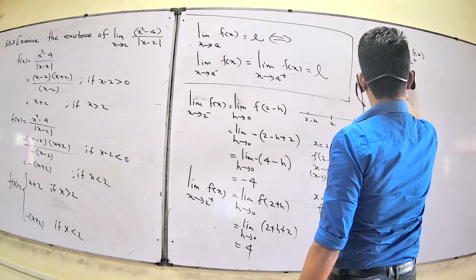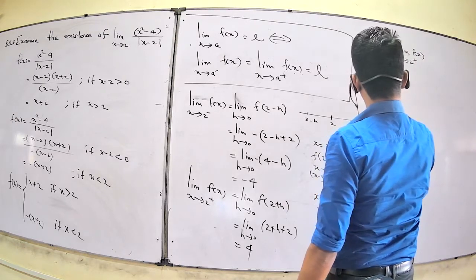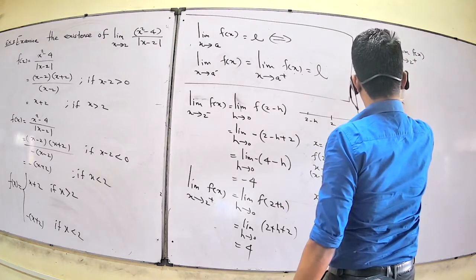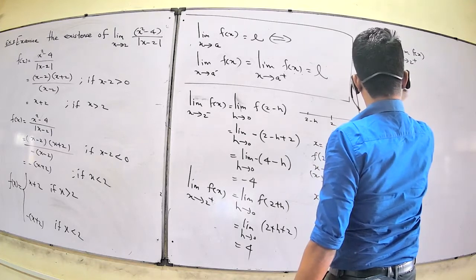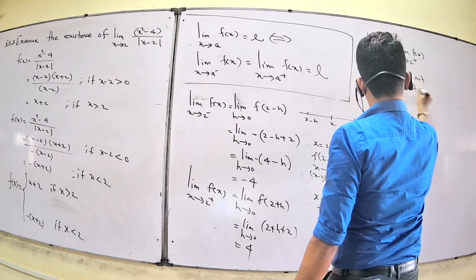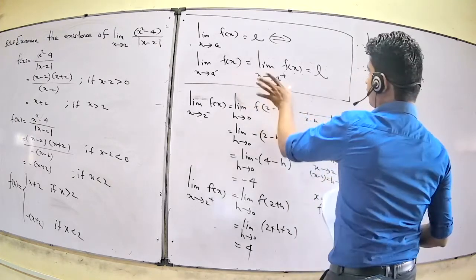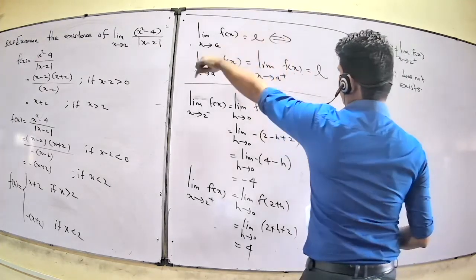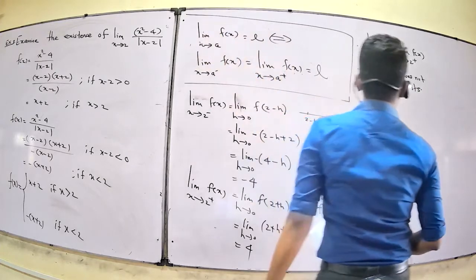The limits are not equal, therefore the limit of f of x as x tends to 2 does not exist, because this condition is not satisfied.